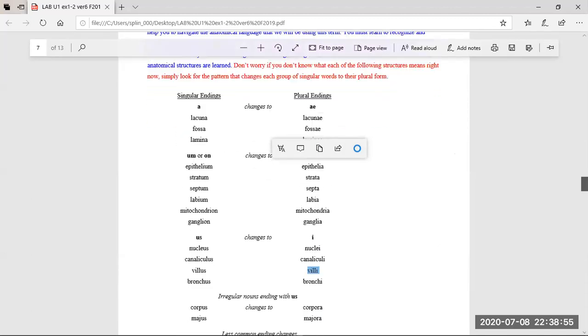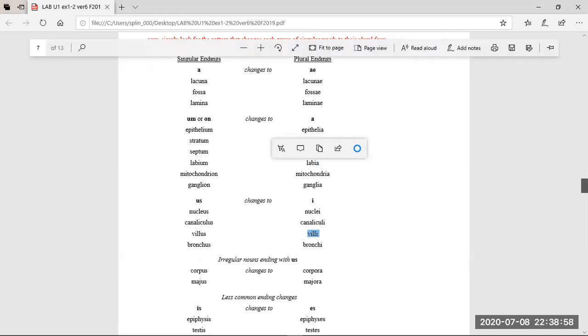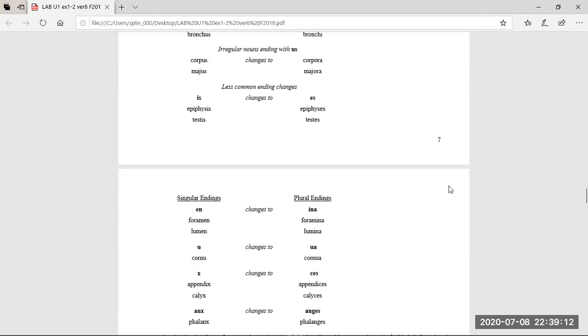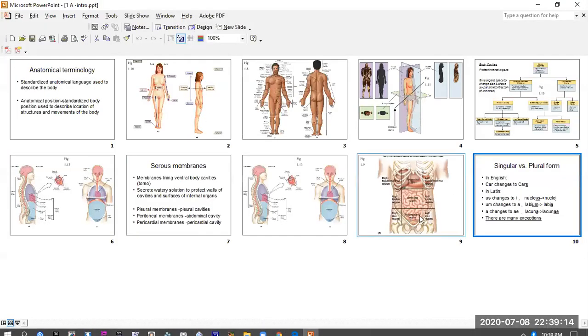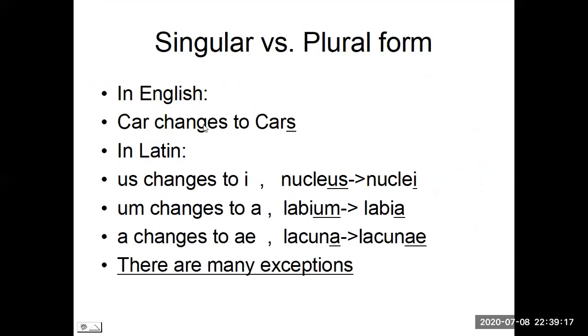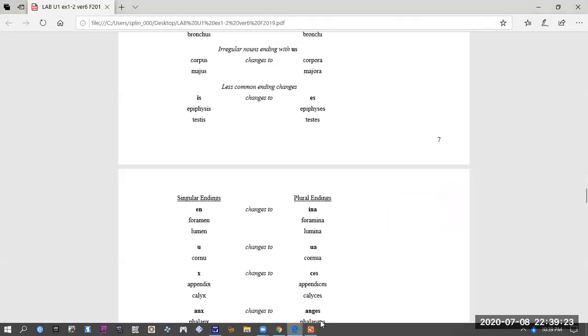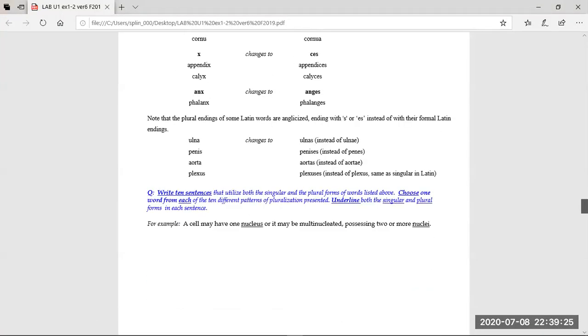The other ones listed here, you'll become accustomed to seeing these as we move through the course. For example, here, IS to ES. When you see this later on, that's just the difference between singular and plural. So focus on the 3 that we already brought up in lecture, seen right here. And with that, that takes us through this first lab activity.